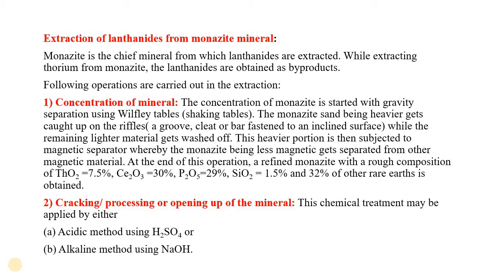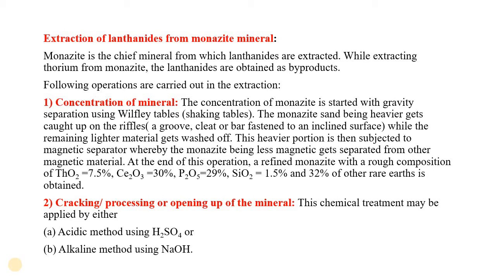It means the first step is the most important step, in which the monazite is concentrated. How concentrated? We have discussed, by using the shaking tables, then by using the magnetic separator.